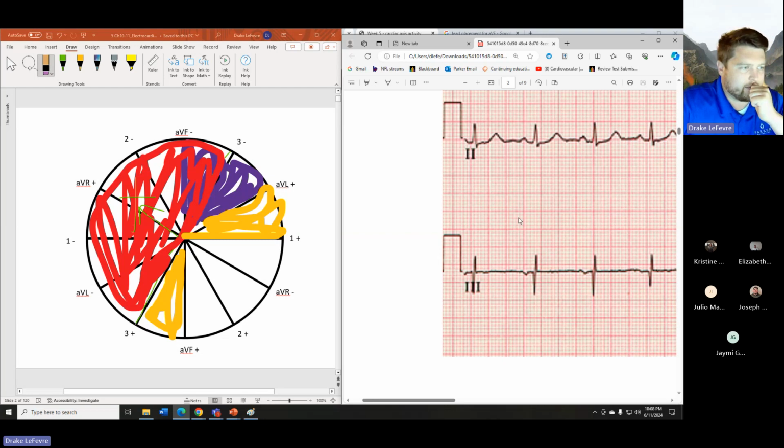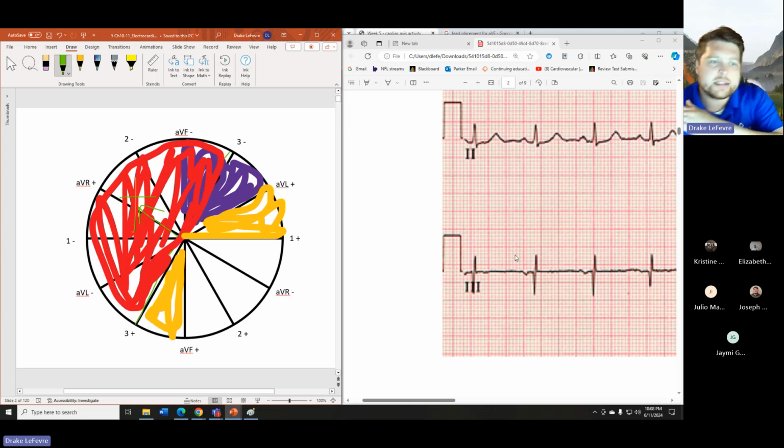So biphasic means that it's not going towards the positive or going towards the negative. It's pretty close to the same size negative and positive. That means our vector, the direction of electricity, is actually going perpendicular to this lead.